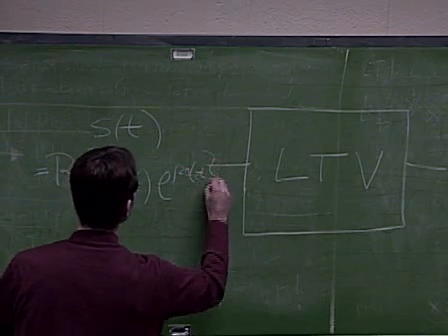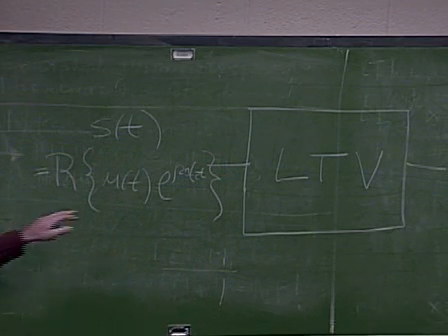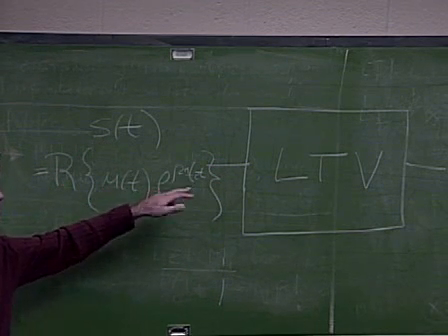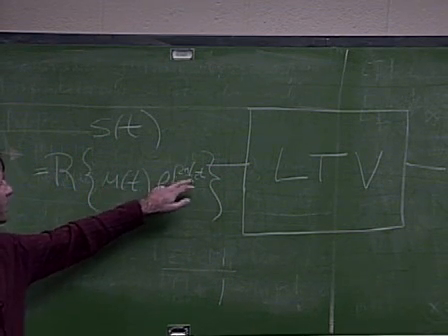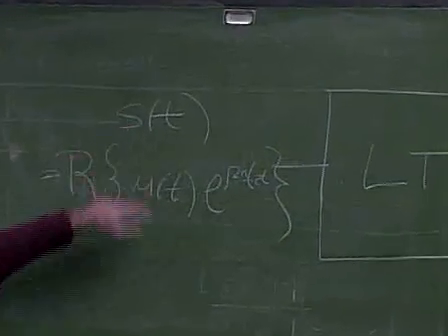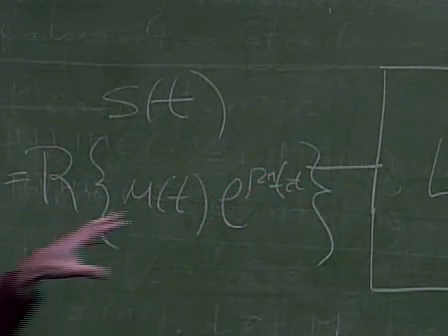Okay? So s of t is the passband signal, and u of t is the equivalent low pass, and f_c is the carrier frequency. And I hope you can read this, e to the j 2 pi f_c t. We take the real part, we get s of t. Okay, so these are equivalent representations. So that's the signal that's being sent out into the channel.